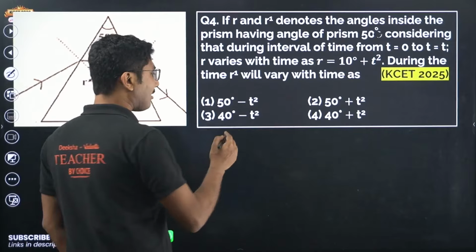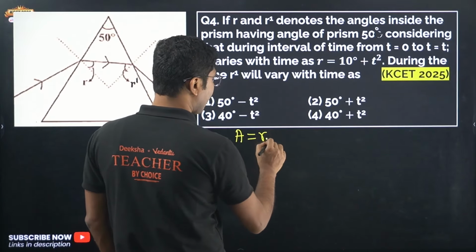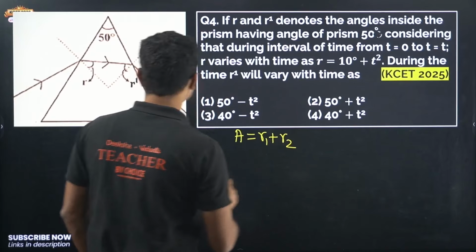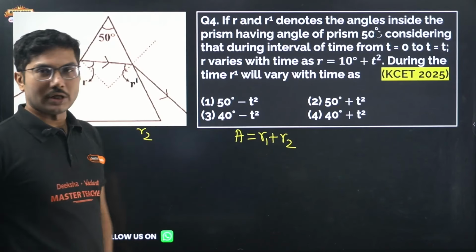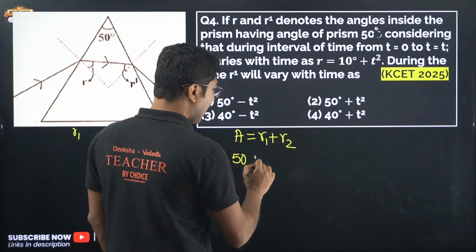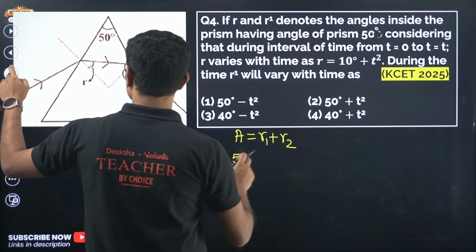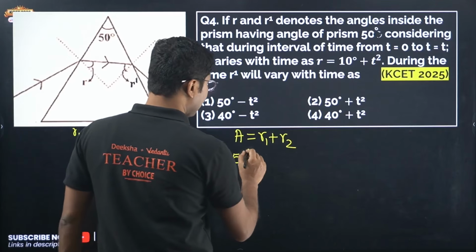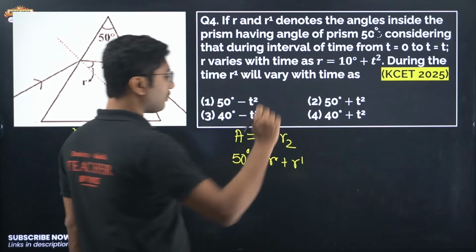Don't worry, we have the equation that says the angle of the prism is equal to r1 plus r2, right? If this angle is r1 and this angle is r2, then this is the formula. In this particular question, A is given as 50 degrees, r1 is given as r, and r2 is given as r1.